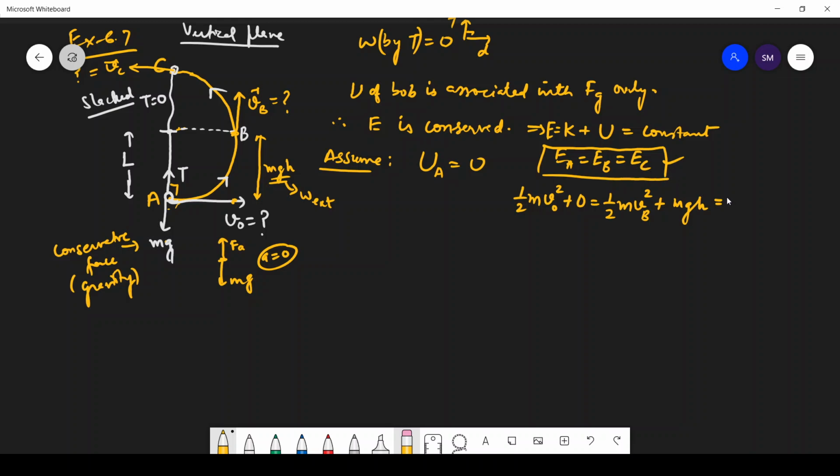Now what is the mechanical energy at C? This is half m vc square plus the potential energy here. So how much is this distance?